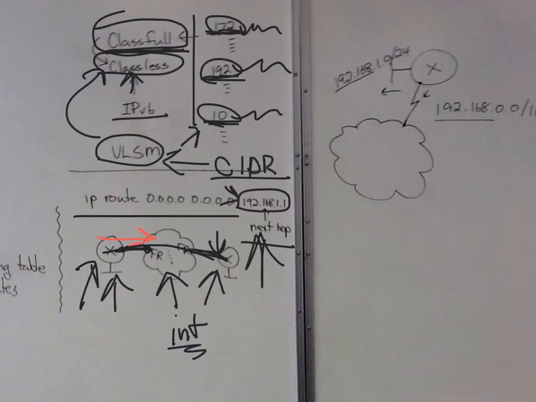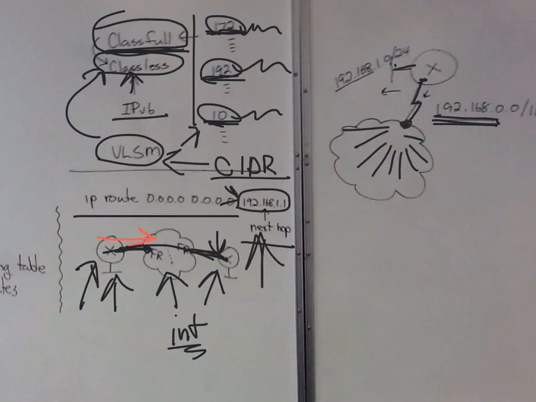One last thing over here. If you have all of these 192.168 addresses in this cloud, so you have lots of networks in this cloud, lots of different places to go, but they're all 192.168s, then you can summarize this address and send all the 192.168s to here.